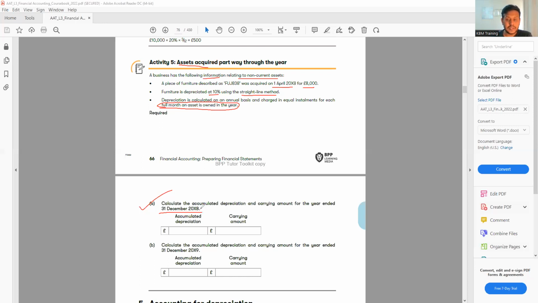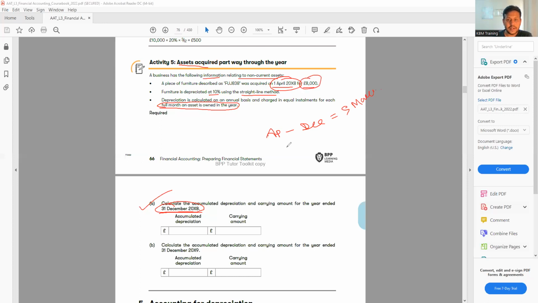If we buy in April, how many months do we need to calculate? April, May, June, July, August, September, October, November, December: 9 months. So you have to calculate the depreciation for 9 months.